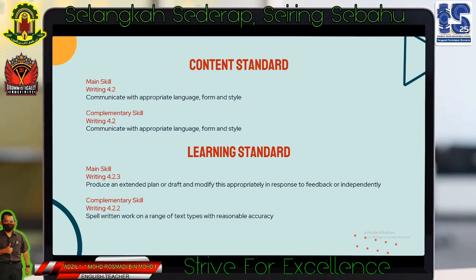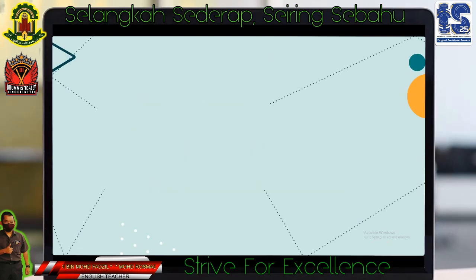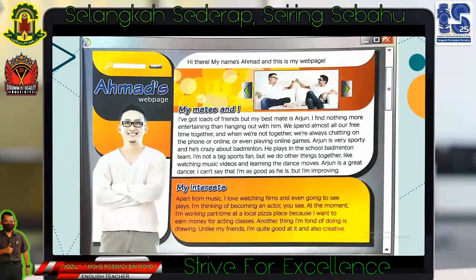Okay, now let's move on to the next slide, which is exercise A. So now you guys can read the instruction on page 13 ya, muka surat 13. Arahan exercise A, it says read the web page and answer the questions.